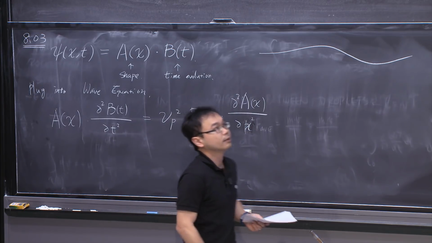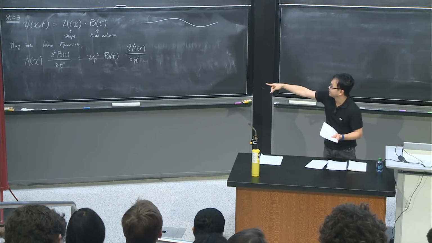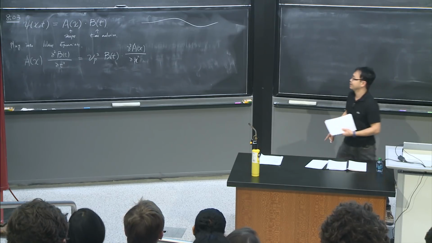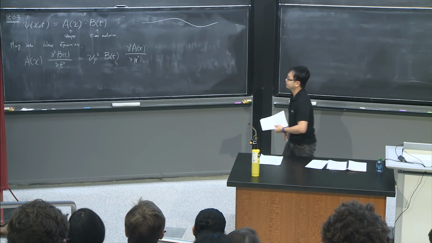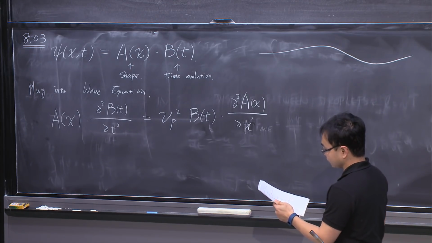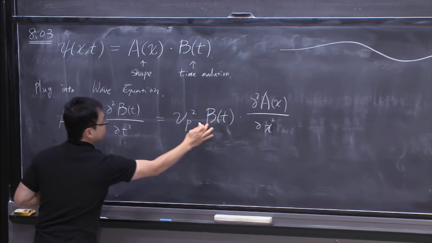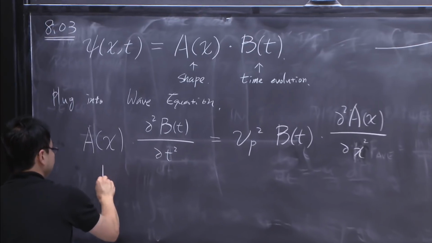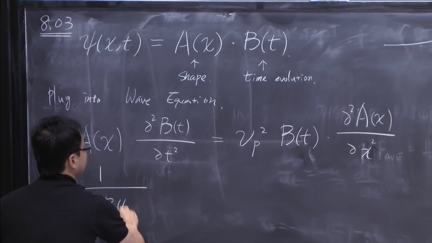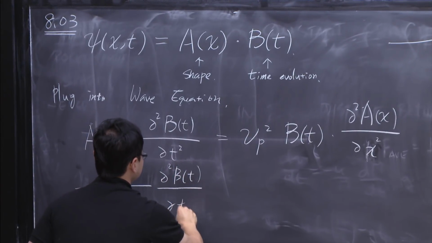Just for convenience, we can divide the whole equation by A times B times v_p squared. If we do this, the left-hand side becomes 1 over v_p squared times B(t) times the second partial derivative of B(t) with respect to t squared.